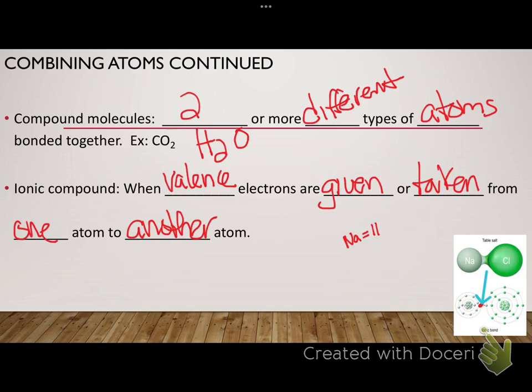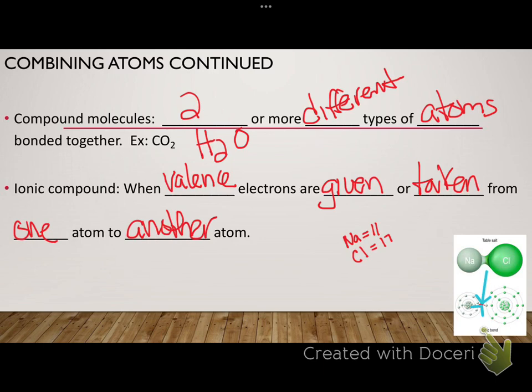Then if you look at chloride, chloride has 17 total electrons. And that means on its last ring, 1, 2, 3, 4, 5, 6, 7, it has 7. For it to be happy and full, it needs 8. So this 1 that's hanging out on the sodium is going to jump over to chloride, and that's what helps them bond.